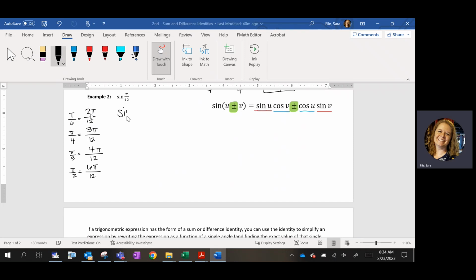I could rewrite this as sine of, okay, and then let me get a different color here. I could do 3/12 minus 2/12, or I could do 4/12 minus 3/12. Either one of those would get me to 1 pi 12th, wouldn't it? Okay, so which ones do y'all want to use? It'll work out the same with either. You'll get the same answer at the end.